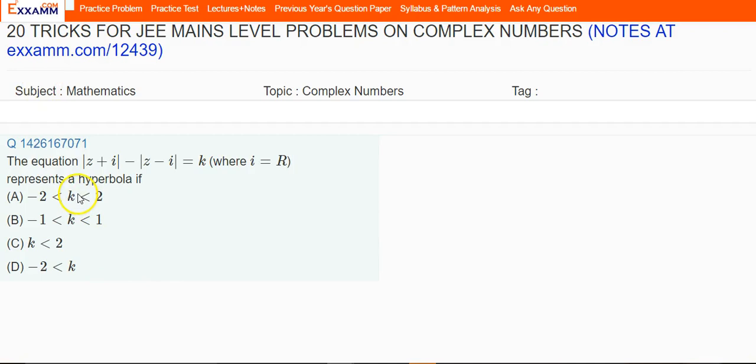Now that we have done some heavy funda based problem, let us take a very simple fact based problem in which I will just be narrating a simple fact. If modulus of z plus i minus modulus of z minus i is equal to k, then this would represent a parabola if... Now we know that modulus of z minus z1 minus modulus of z minus z2 is equal to k would represent a parabola if modulus of k is less than modulus of z1 minus z2.